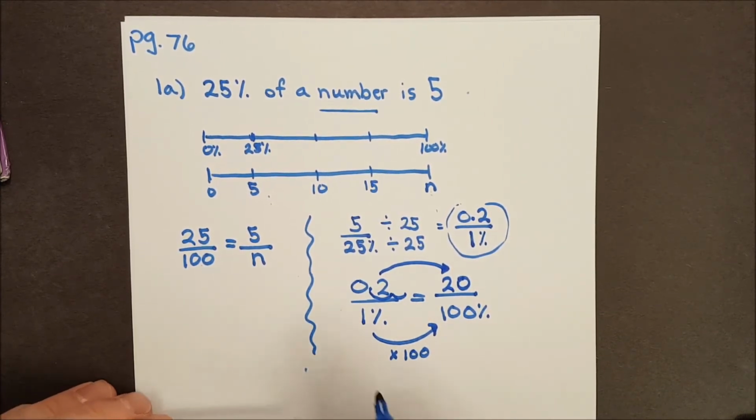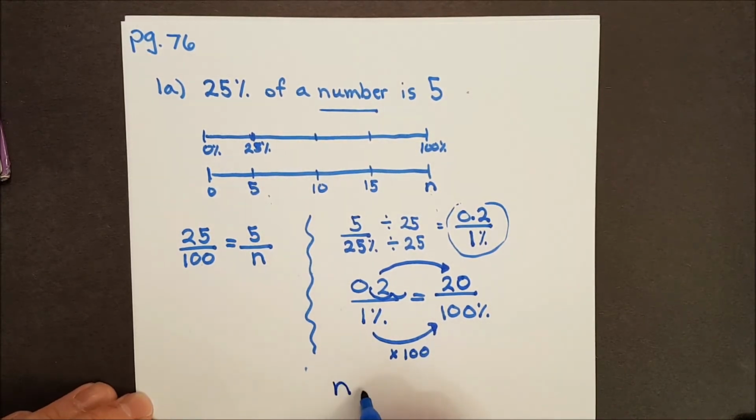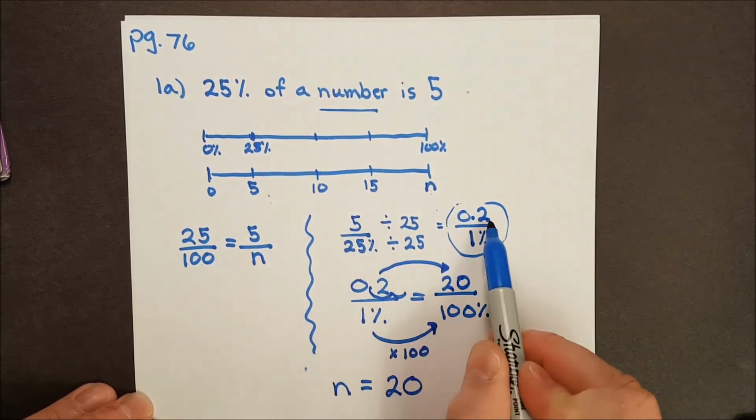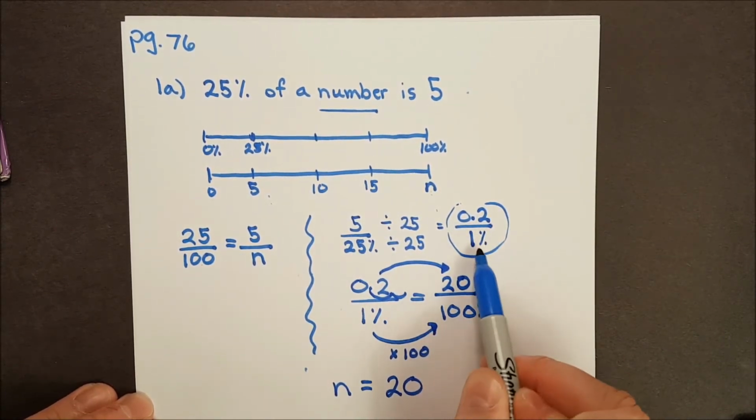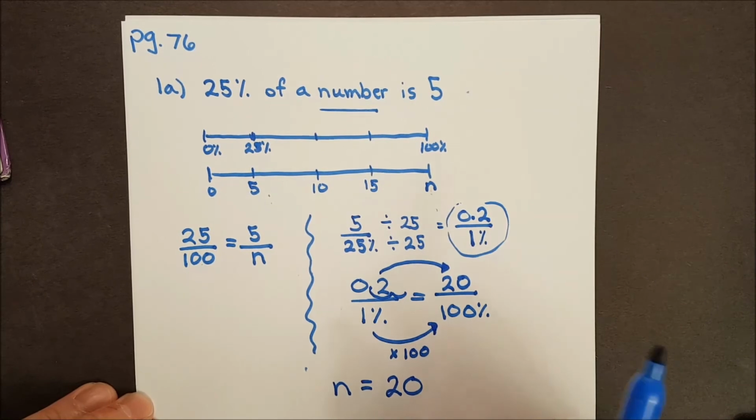So in this case, our answer, n, does equal 20. I will do one more. I'll do 1b, and to show you how to find the amount per 1%. It's like finding the unit rate that we did maybe a chapter or 2 ago. Let's move on to 1b.